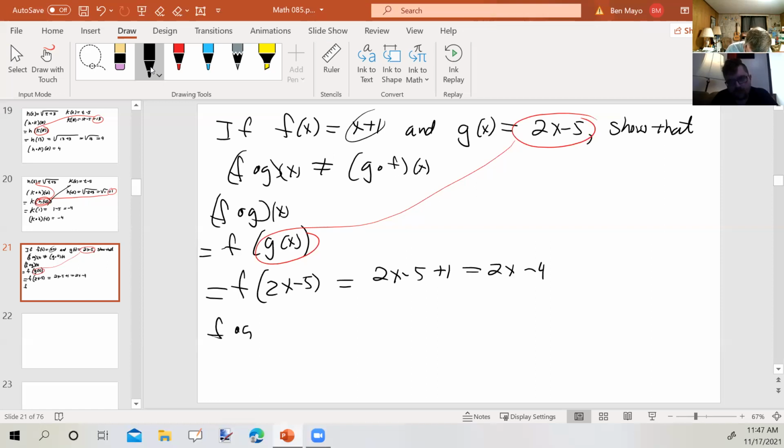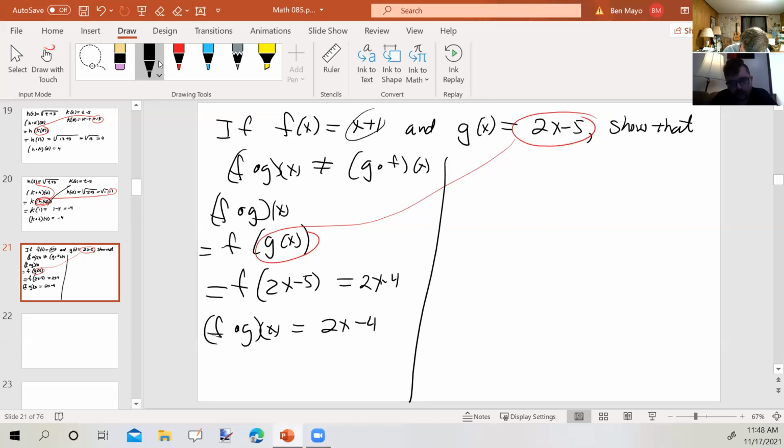So f composed with g of x equals 2x minus 4. Okay, so far so good. All right, now that's where I got 2x minus 4.